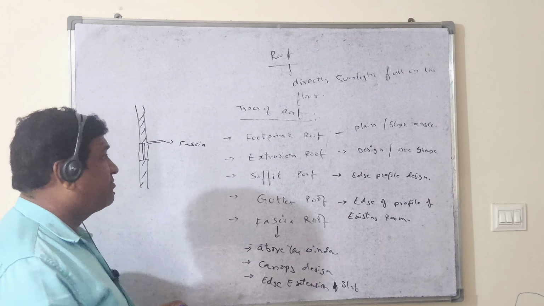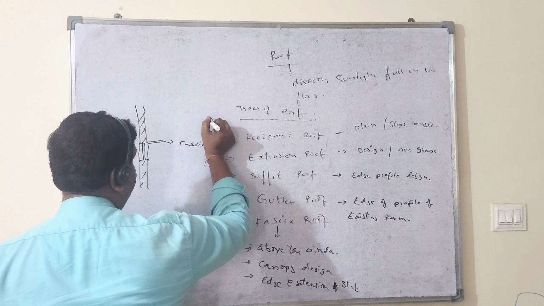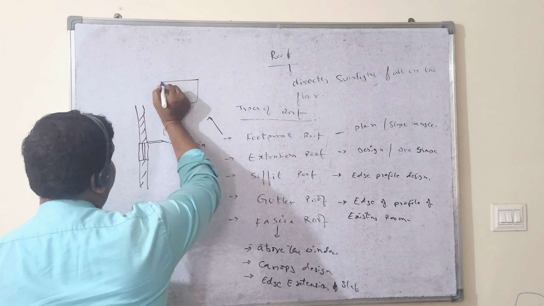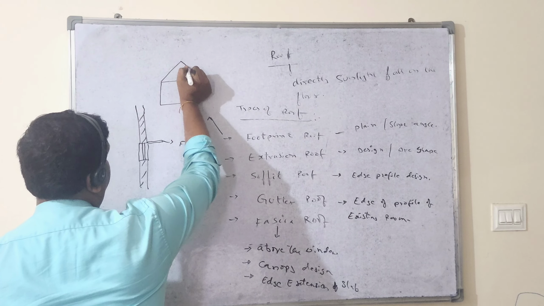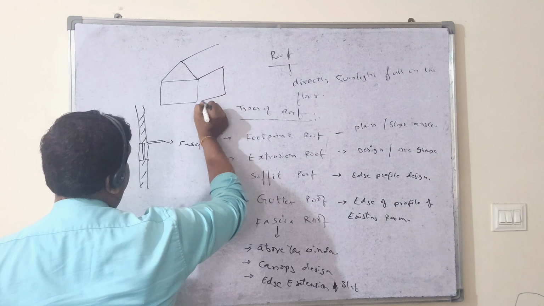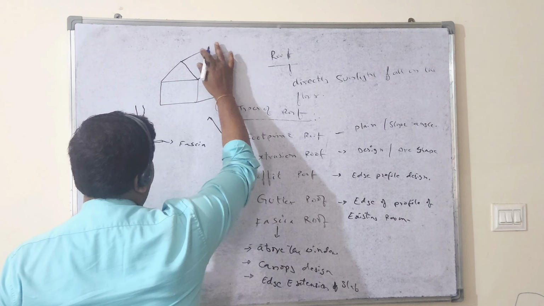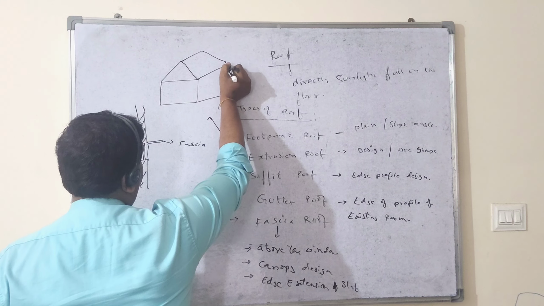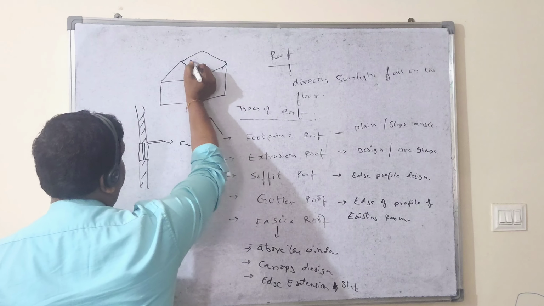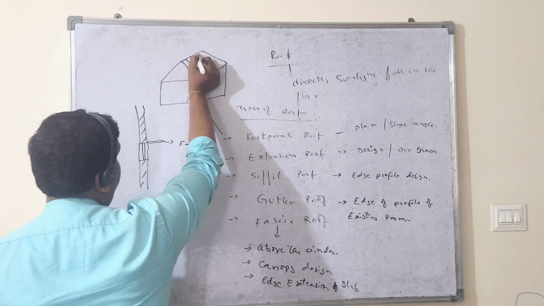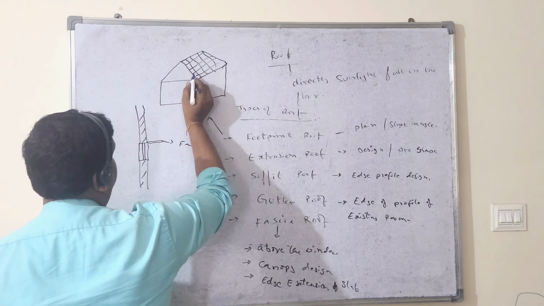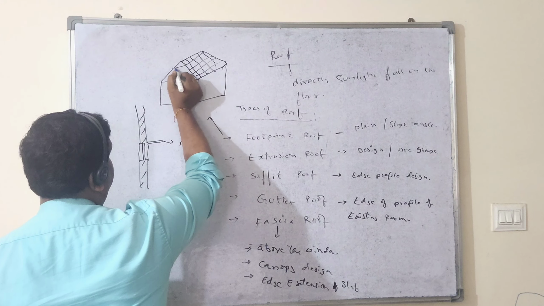And here the footprint roof will become like that, because if there is a building, the footprint roof will look like that. So in the roof we are going to put some different parts like that.